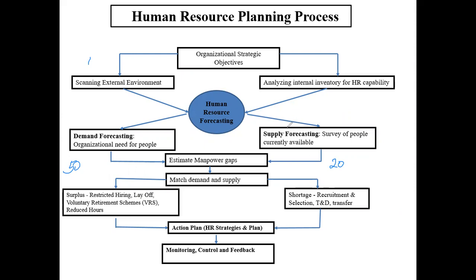Now, the supply forecasting also indicated that currently, if we peruse all the employees we have, we can still take 20 out of it and send them to this new campus without having any challenges.